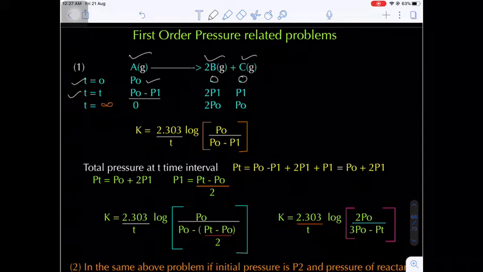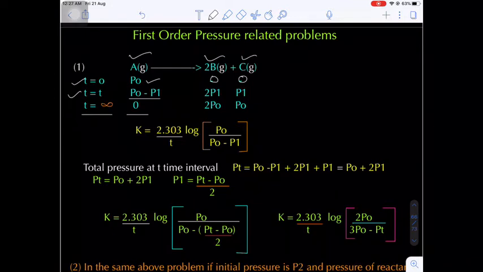Now what will be the pressure of the reactant left after time interval T? P0 minus P1. Let's suppose the reaction goes to completion for a sufficient time, tending to infinity. That means the reactant is completely decomposed. So what will be the partial pressure of the reactant? 0, because no reactant will be left after a long time.